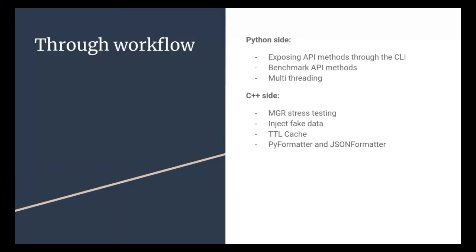And we worked on a shared TTL cache from the C++ side because we thought it would be better to have a shared cache than caching in each module individually. And for serializing and deserializing data, we have been using PyFormatter and JSON formatter. We have tested both and came up with different results.